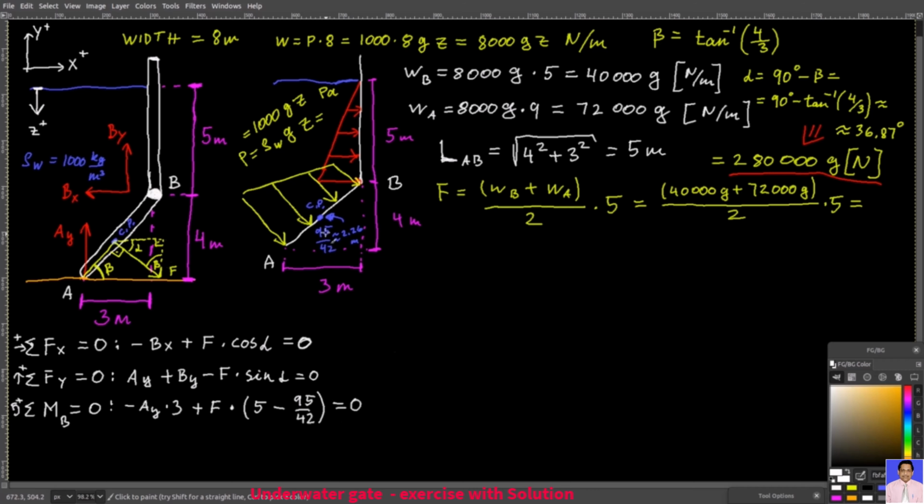So remember this CP here, this number, it's measured from point A. The total length of the gate is 5 meters. So the distance from CP to point B, that's 5 minus 95 over 42 meters. And that will give you a counterclockwise moment.